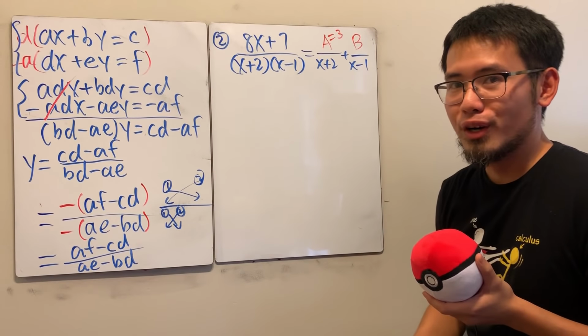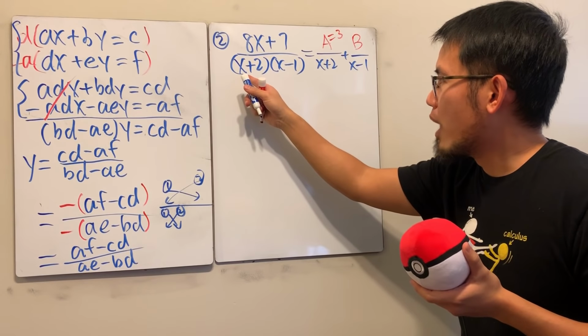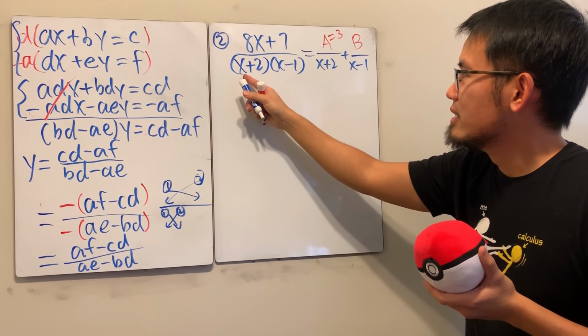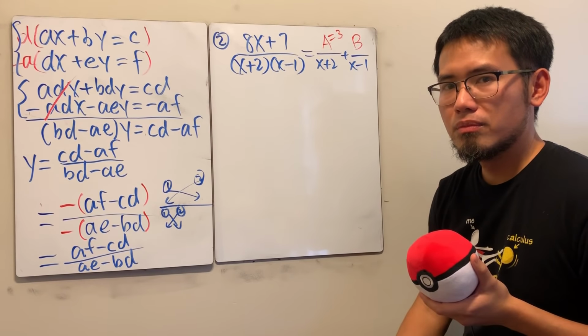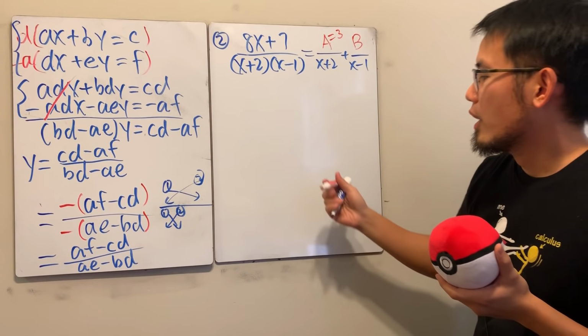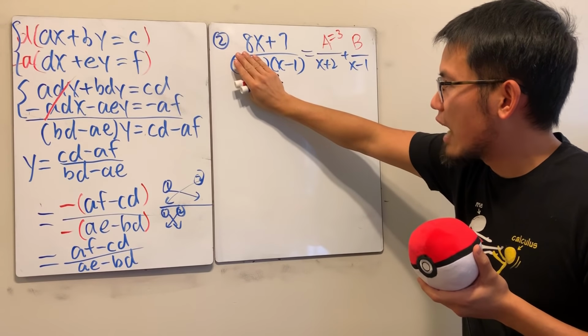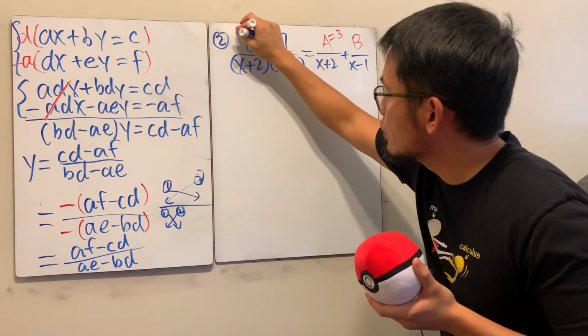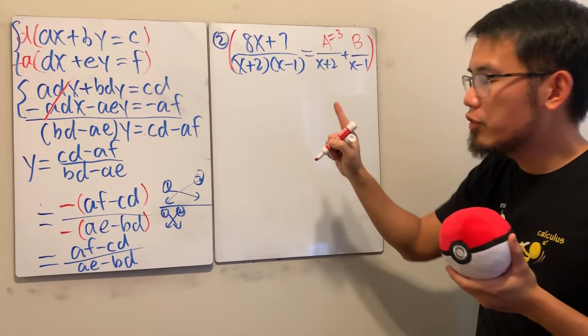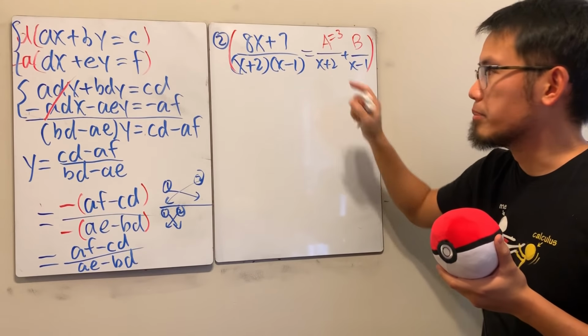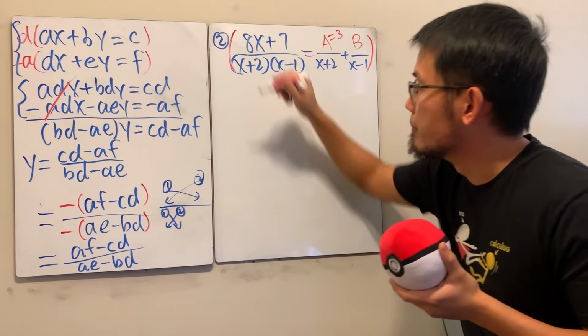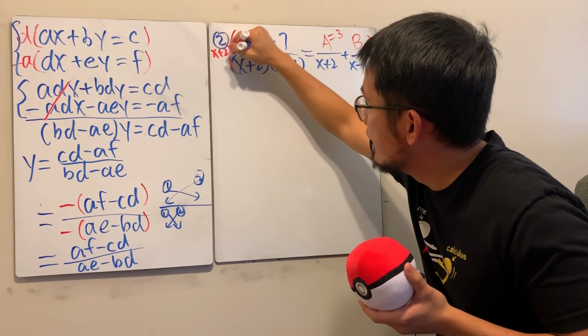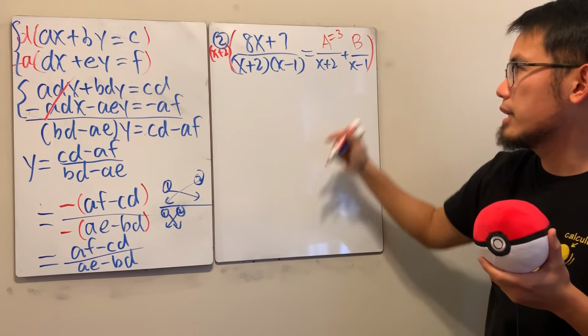Now, why does this work? Don't we want to prevent the denominator to be 0? Let me show you. The idea of covering this up is the following. Look at this again. I'm going to multiply everybody by just this denominator, namely x plus 2. And again, our goal is to figure out a and b, right?